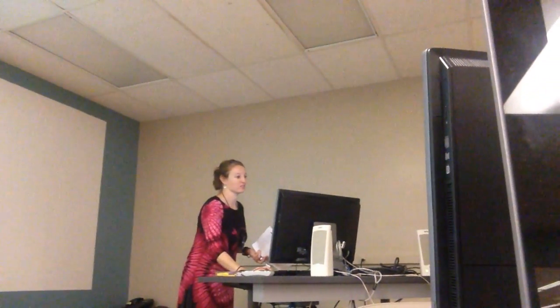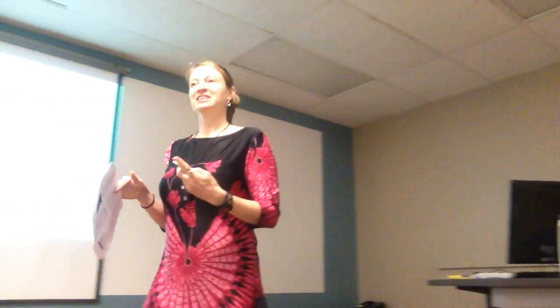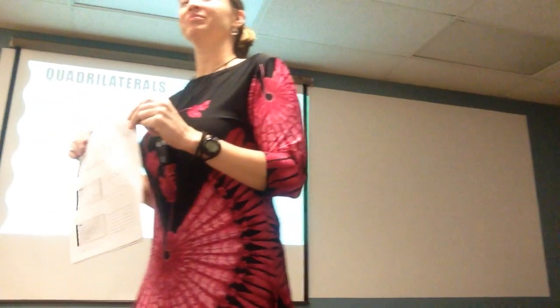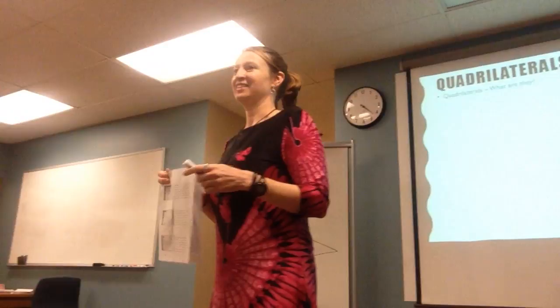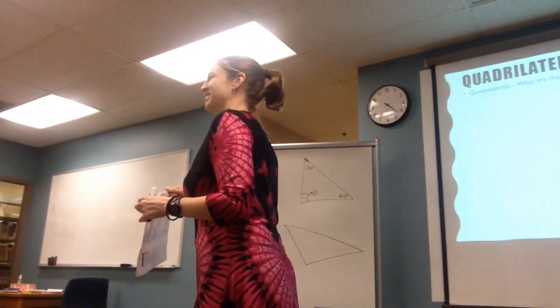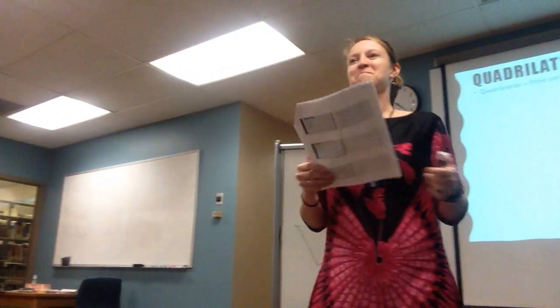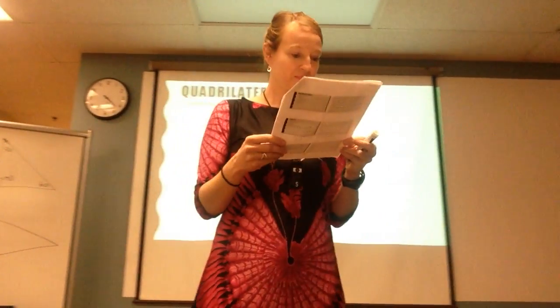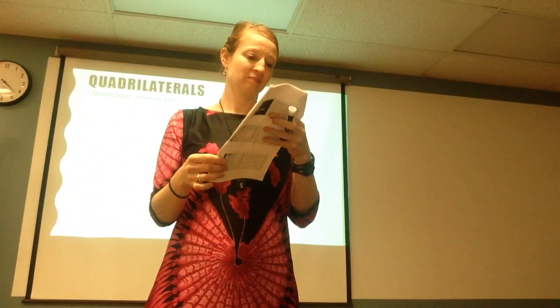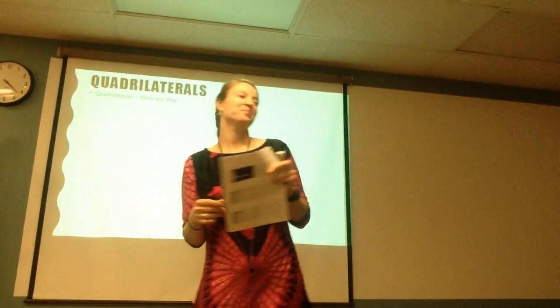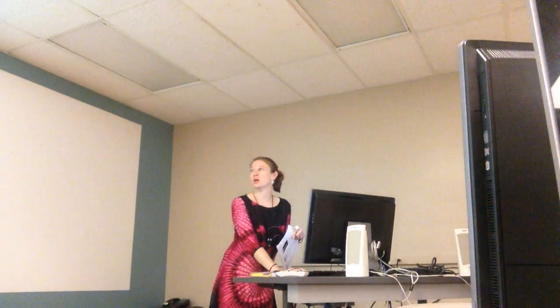Okay, quadrilaterals. Talk to each other. What are they? Give examples of them, as many as you can think of. Okay, let's take a look. Squares are examples, rectangles, trapezoids.